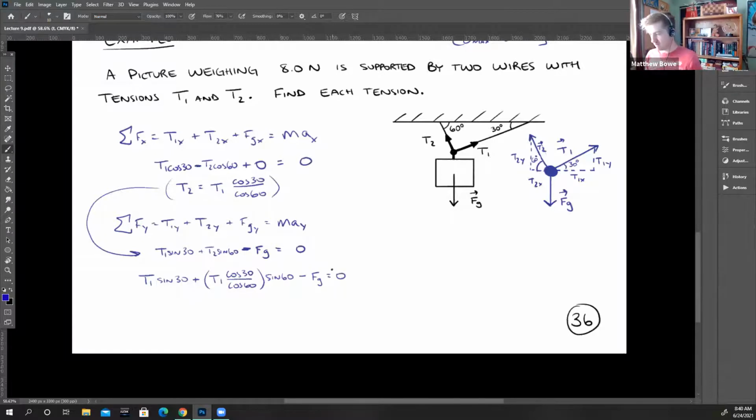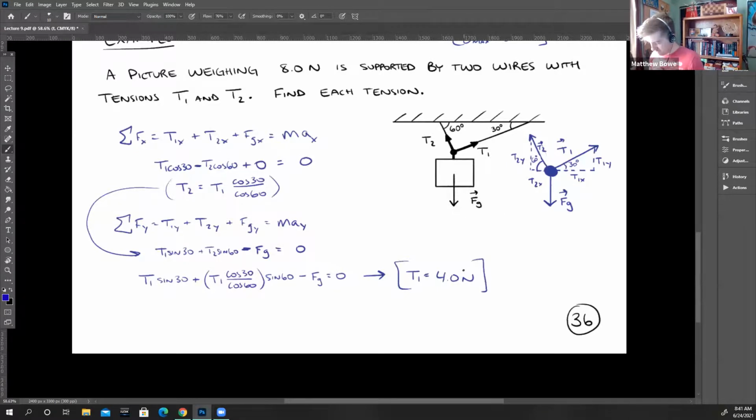Now it's at this point where we know everything. We know the force of gravity because that's already given as a value in newtons. We are also already given these angles, so we could solve for T1 at this point. T1 equals 4.0 newtons if we were to do all this in the calculator.